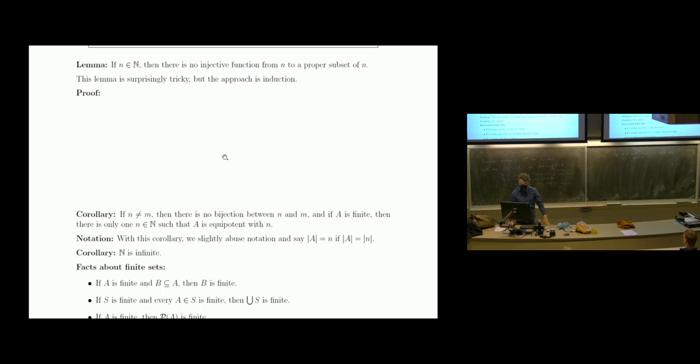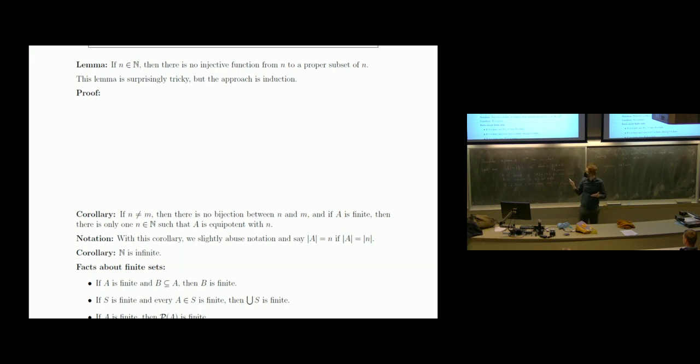Okay. So what we're going to do now, instead of writing cardinality of A equals cardinality of n, we're going to slightly, as I say, abuse notation. I'm going to say the cardinality of A is n. So why is this an abuse? Because this notation here says two things have the same size, but doesn't tell you what that size is.